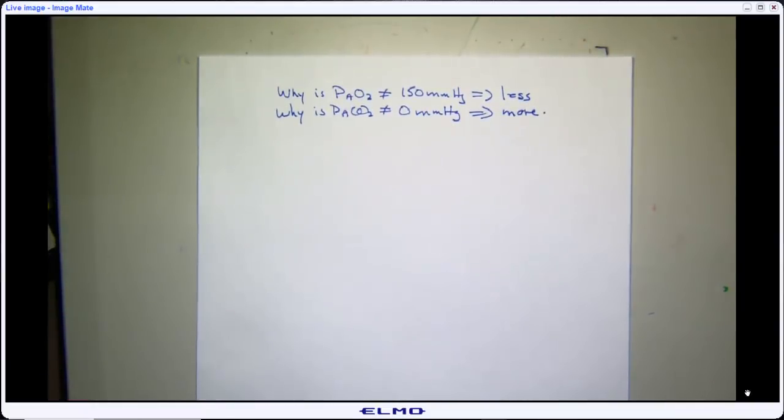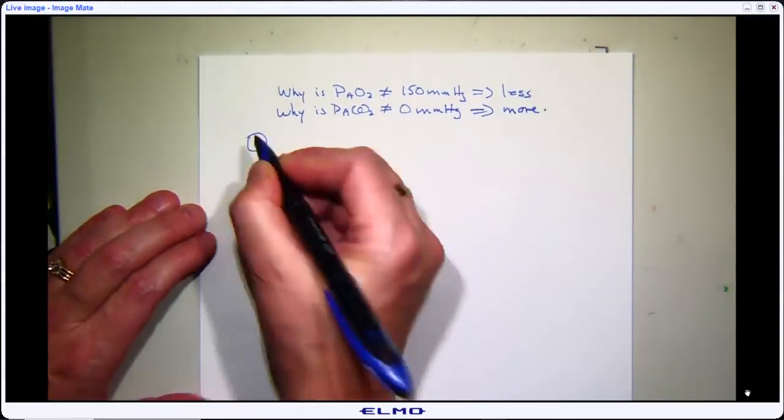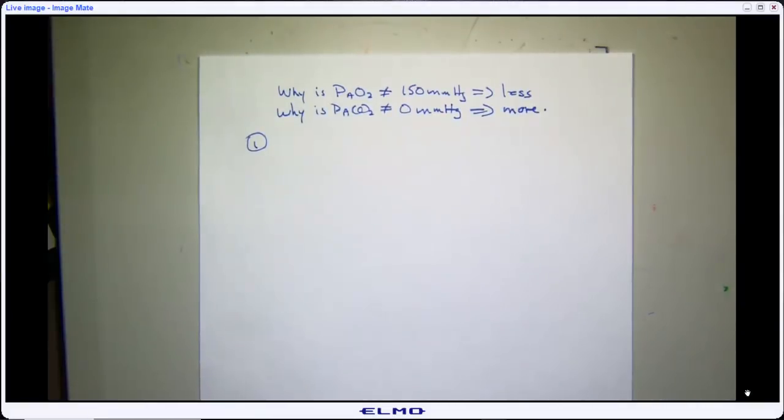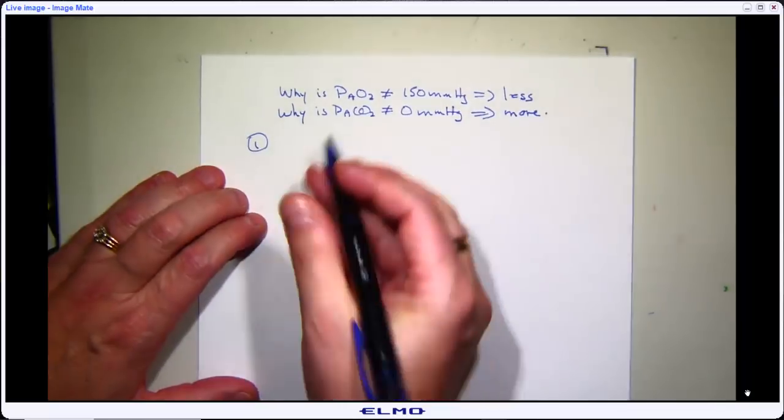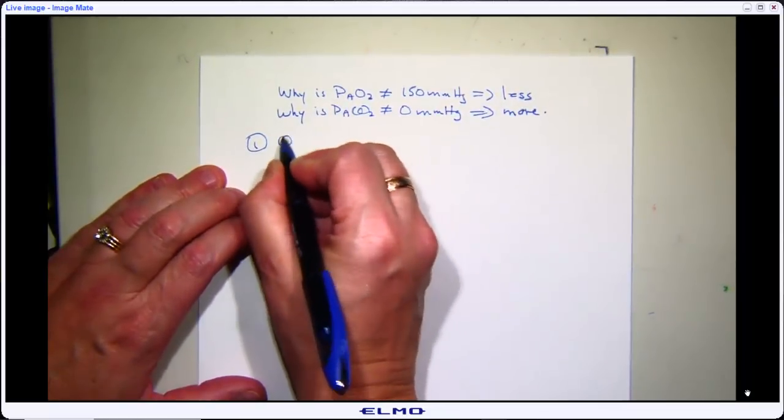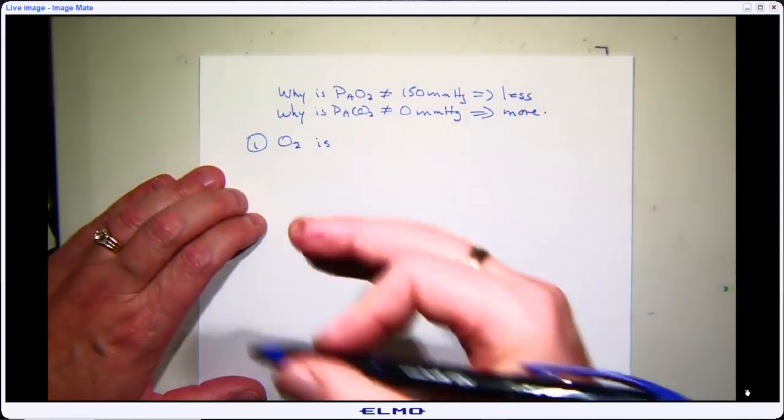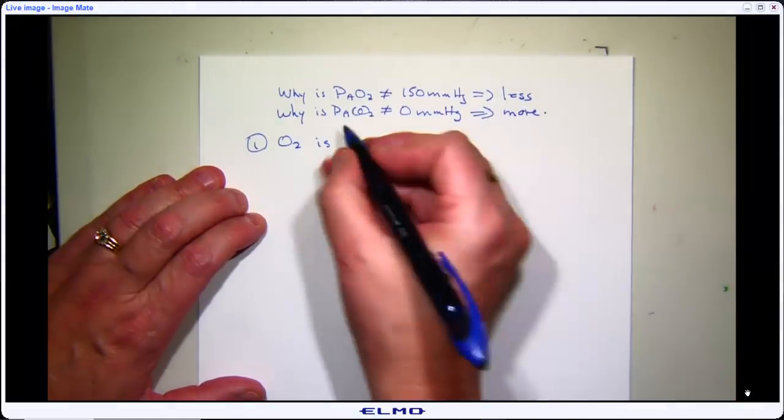So first of all, we talked about that idea that we are continually having flow, so we are continually equilibrating. It's hard to get a snapshot. So oxygen is always being continually removed by blood.